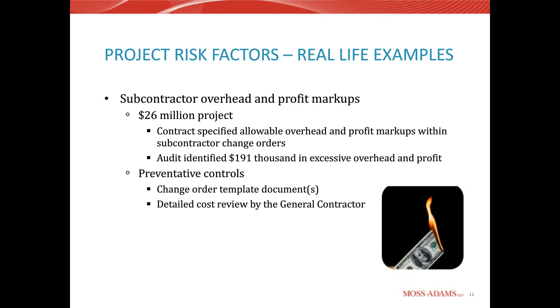That may seem like a small dollar value compared to the total contract value, but this is one specific issue for a project that has multiple other issues related to other areas. And I think what we really wanted to highlight in these real-life examples is some of the preventative controls that can be put in place by the owner and or the general contractor to ensure that you're minimizing these risks as much as possible.